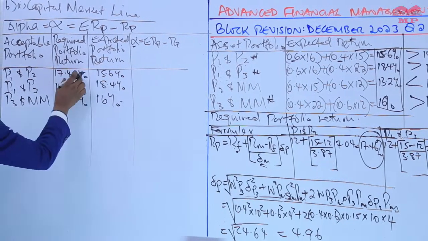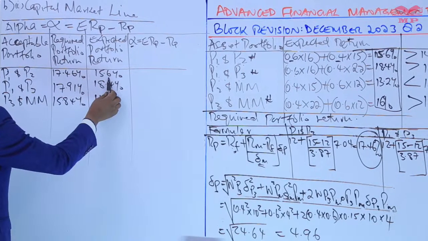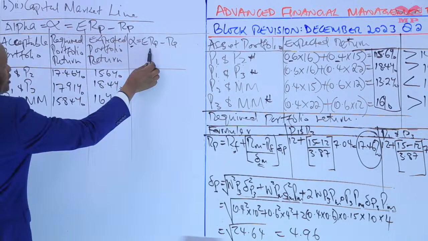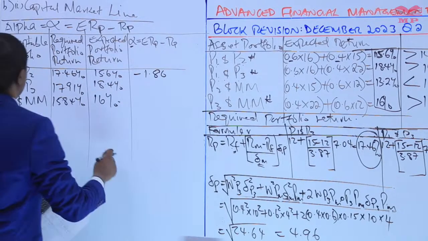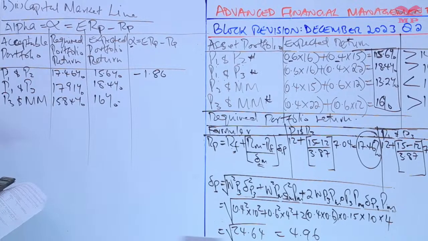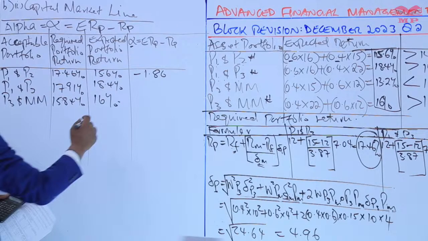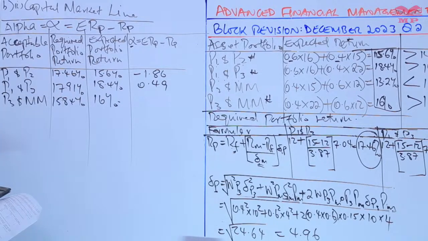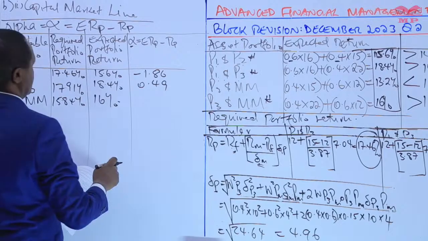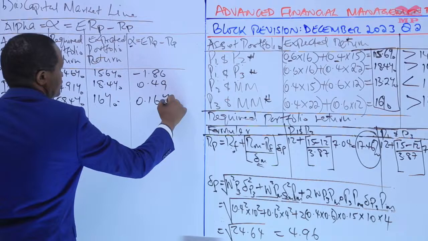So you're going to compare the two. The expected return minus the required return gives negative 1.86. Next we have 18.4% minus 17.91%, it's positive 0.49. Then lastly we have 0.16. These are percentages.